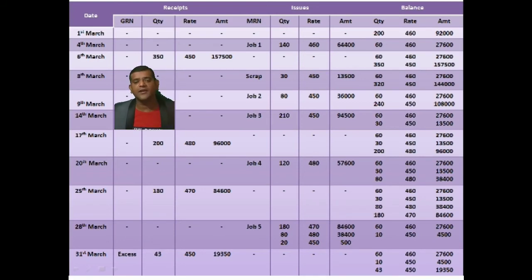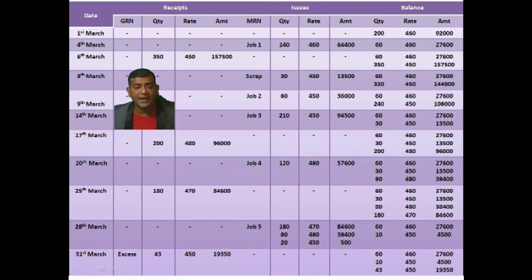So now we are moving further on to 20th March. Receipt side, GRN nil, quantity nil, rate nil, and amount also nil. Under issues, job 4, quantity 120 tons of material is issued to job 4 at the rate of 480 rupees, because recently added on 17th March is 200 tons of materials at the rate of 480.